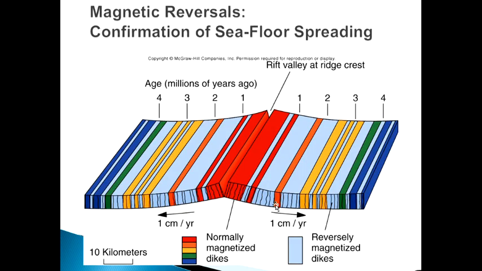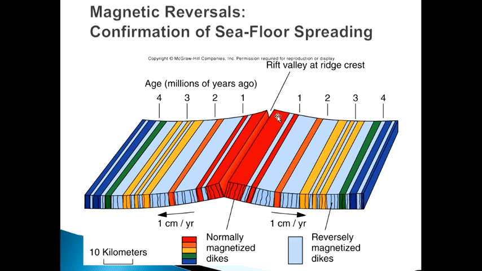Suffice it to say, if you have a magnetic field that's constantly switching and a divergent boundary that's constantly spewing out this basaltic lava, which has tiny magnetic minerals in it, then the seafloor is going to reflect this.